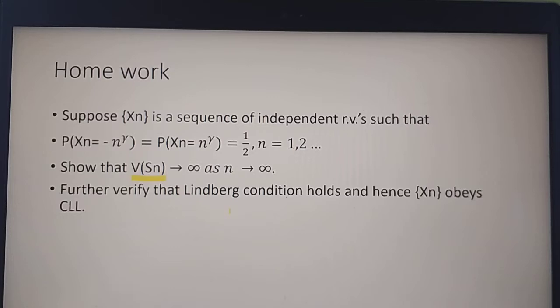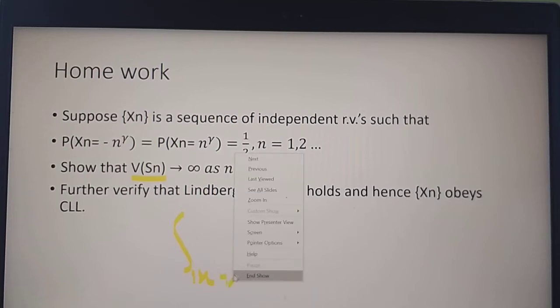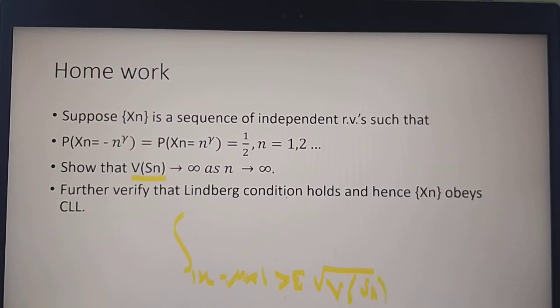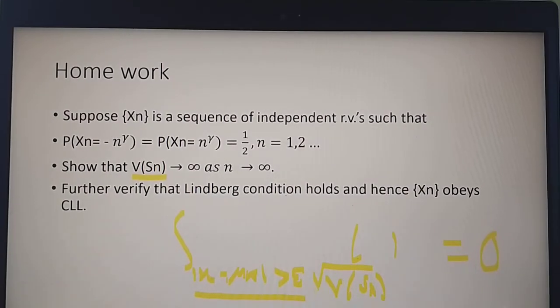While doing that, in condition 3, the integral over the set where the absolute value of x minus mu k is greater than epsilon root over variance of Sn, you will see that this integral is equal to 0, so that the Lindeberg condition is satisfied.